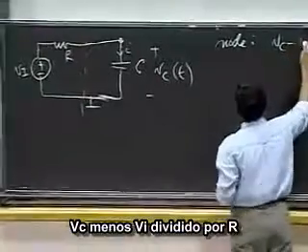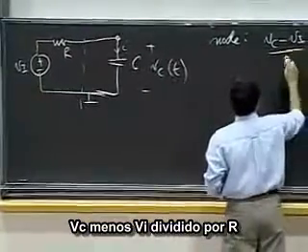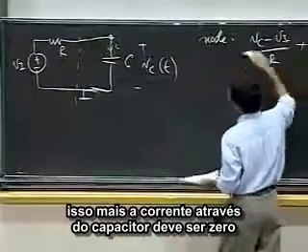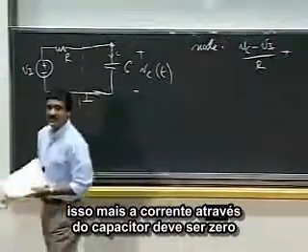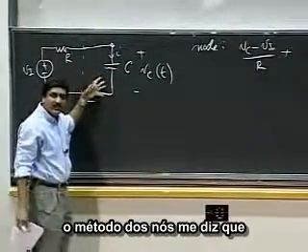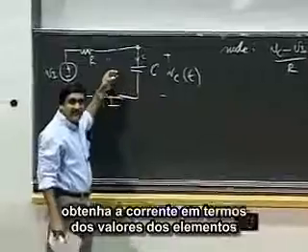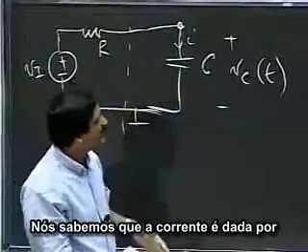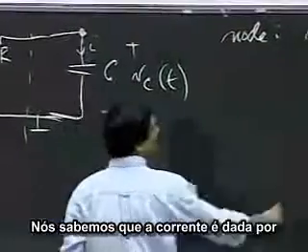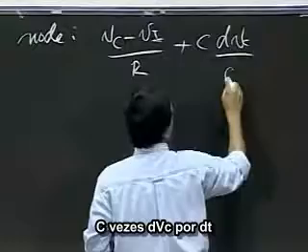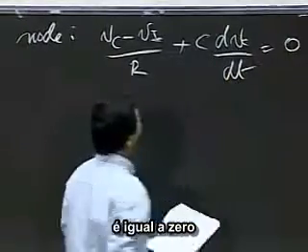So VC minus VI divided by R is the current going this way. That plus the current through the capacitor should equal 0. Okay? And what's the current through the capacitor? The node method tells me to get the current in terms of the element values, right? So we know that the current is given by C dV dt, C dVC dt equals 0.